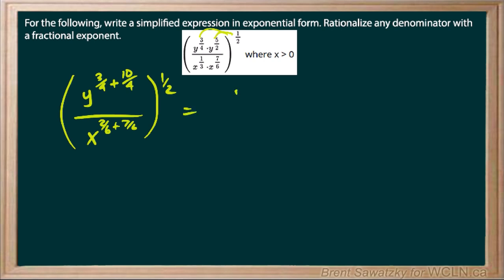So on the top, we would have y to the 13/4. On the bottom, we would have x to the 9/6. And again, the 1/2. All right, 9/6, we can reduce that down.